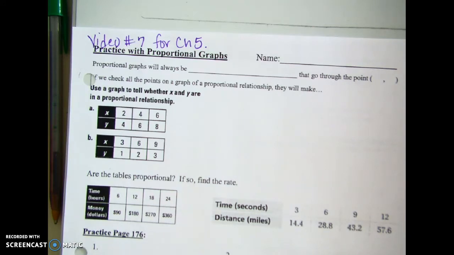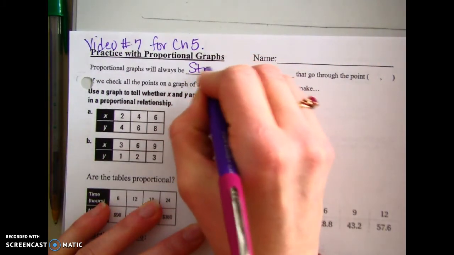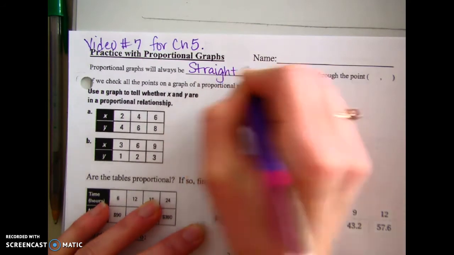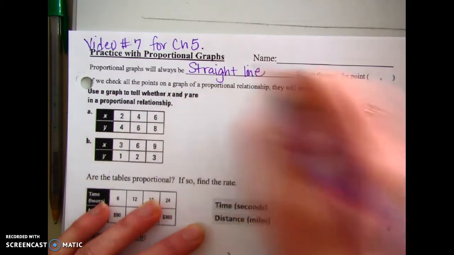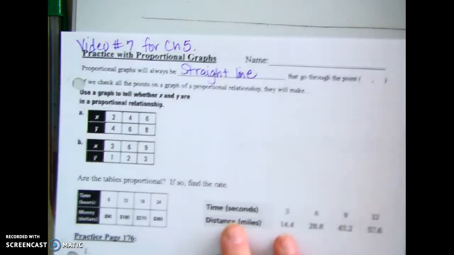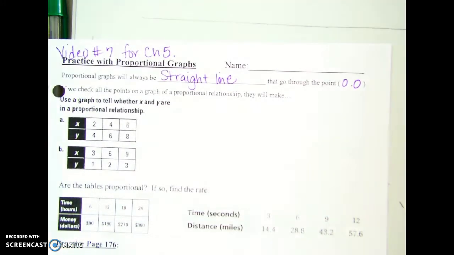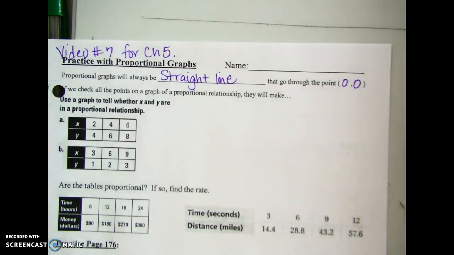So it starts with saying a proportional graph will always be a straight line. Proportional graphs have to be straight lines, and they have to go through the point (0, 0). So that means it goes through the origin, and it has to be a straight line.